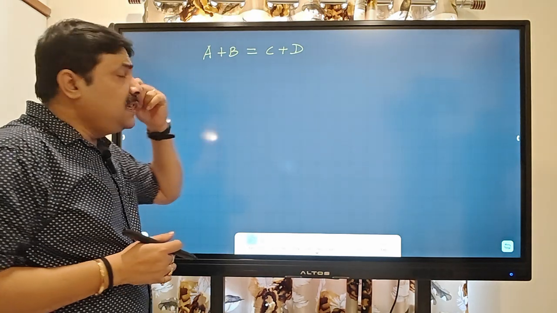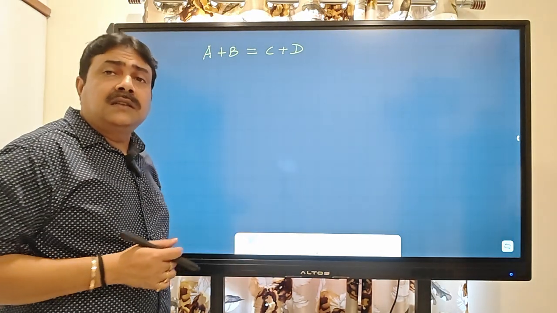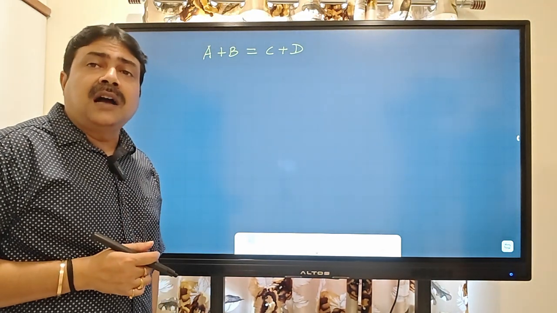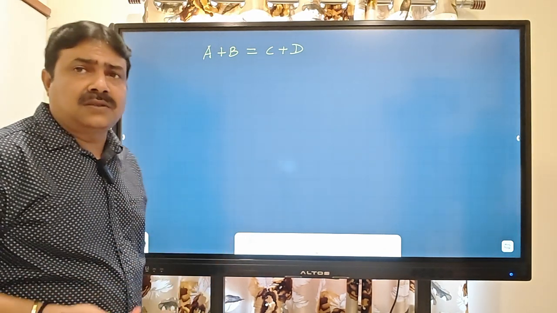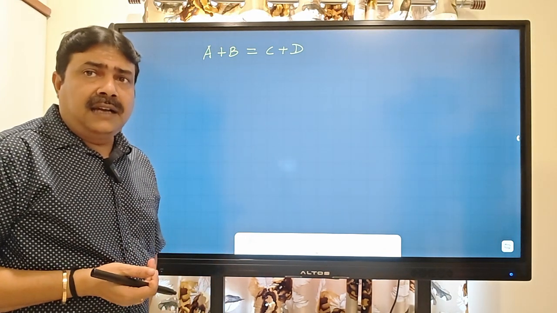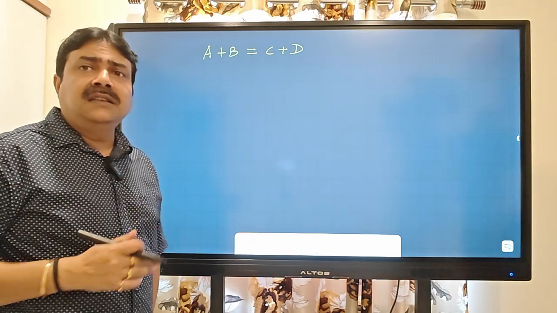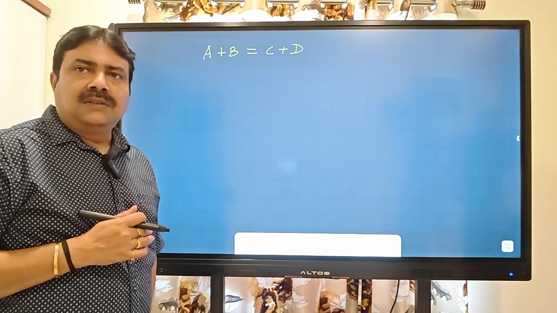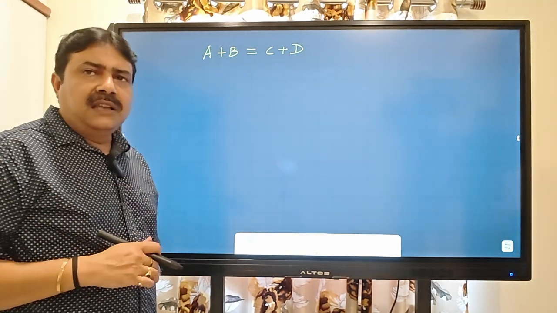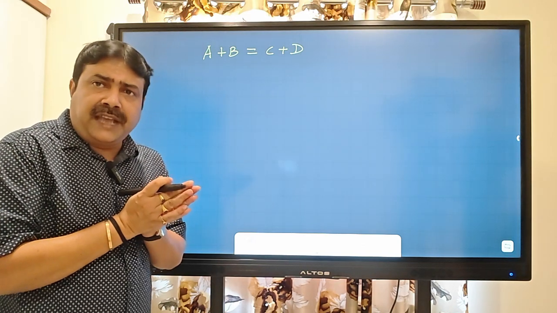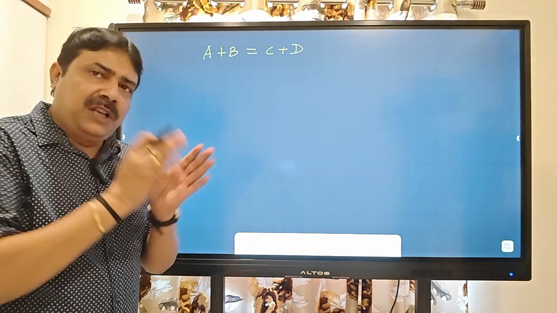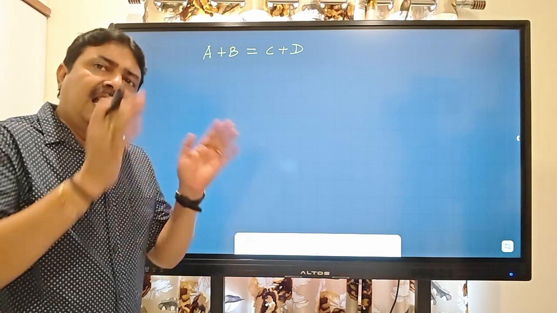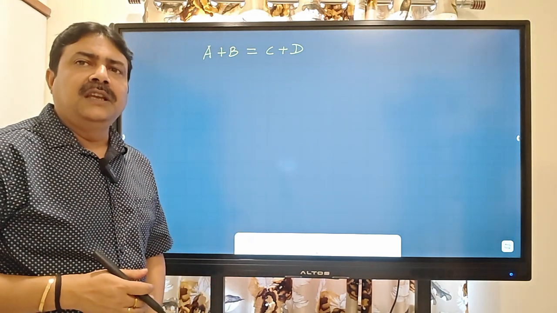Now, whenever any reaction happens, it always happens in terms of equivalence. As per the law of equivalence, whenever the reaction has fully occurred, the proportion of A which reacts with the proportion of B will be the same, and a similar proportion of C will be generated and a similar proportion of D will be generated.